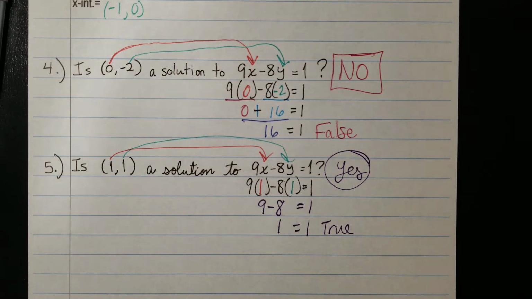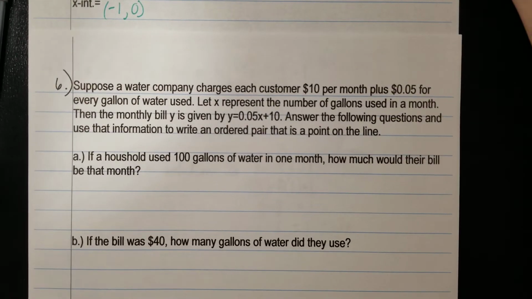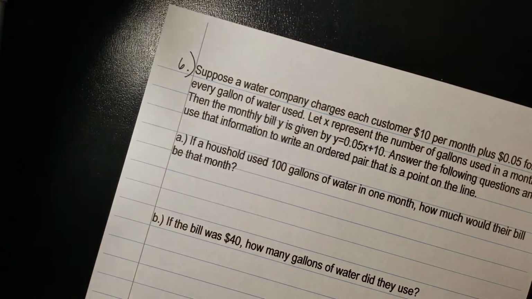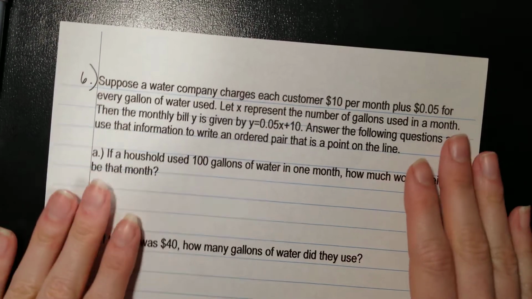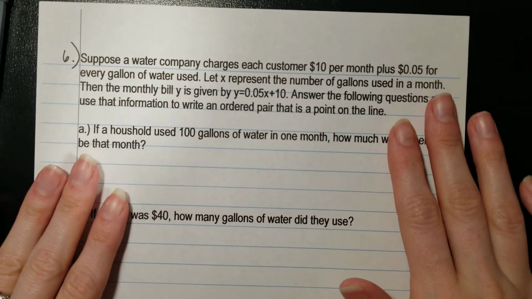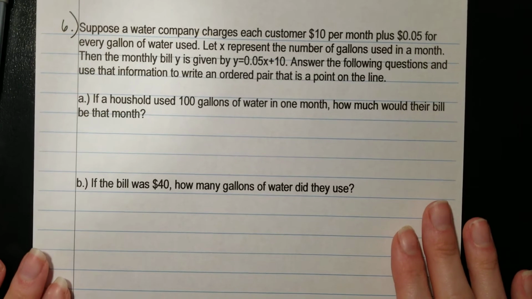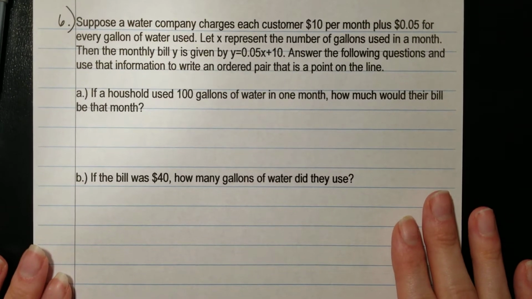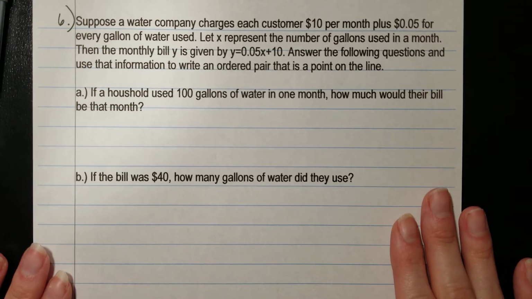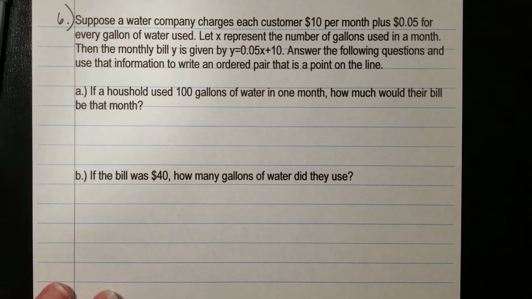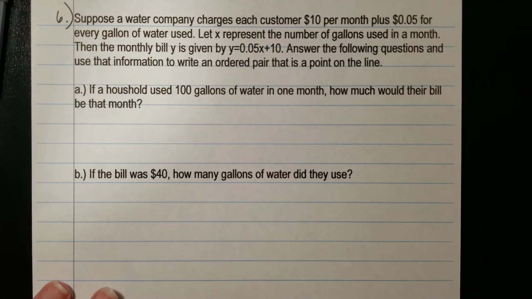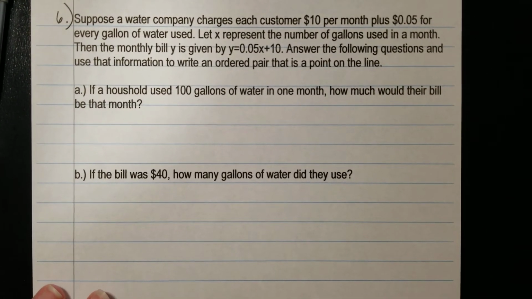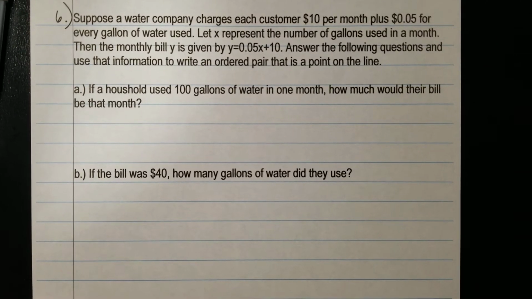And next we have an application, in other words, a word problem. All right, so it says, suppose a water company charges each customer $10 per month plus 5 cents for every gallon of water used.